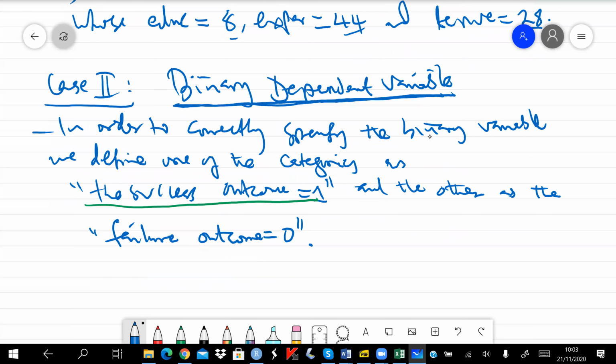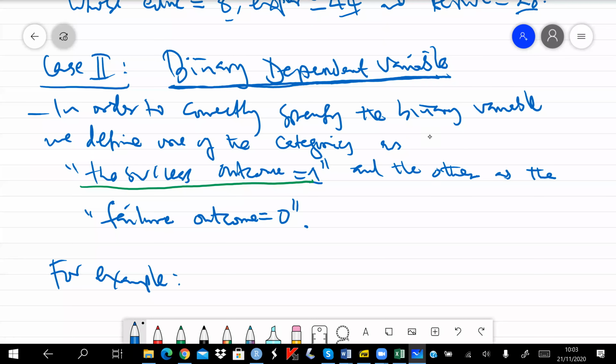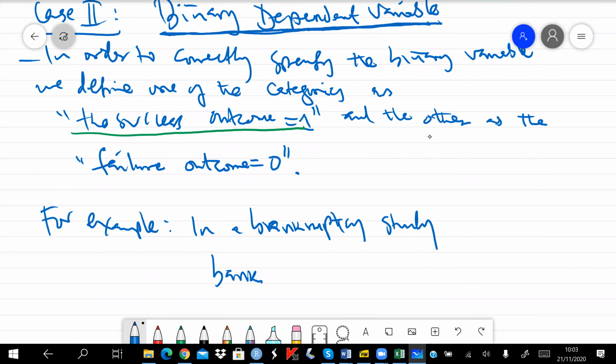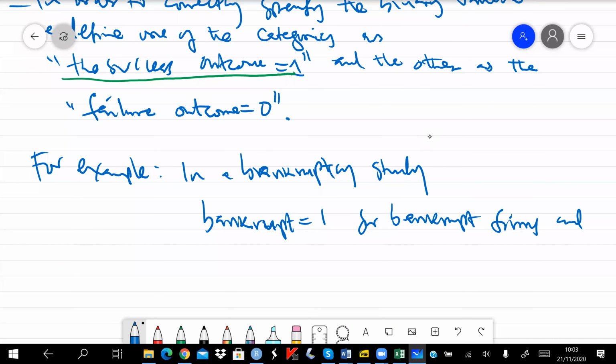For example, in a bankruptcy study, you can say bankrupt is equal to 1 for bankrupt firms, and bankrupt is equal to 0 for non-bankrupt firms.